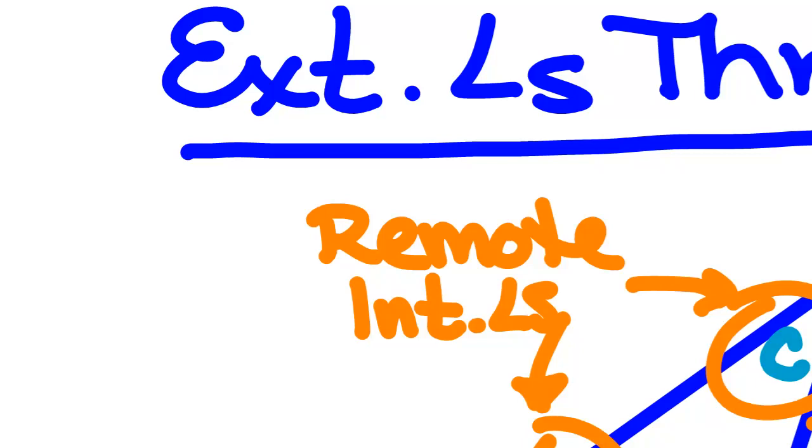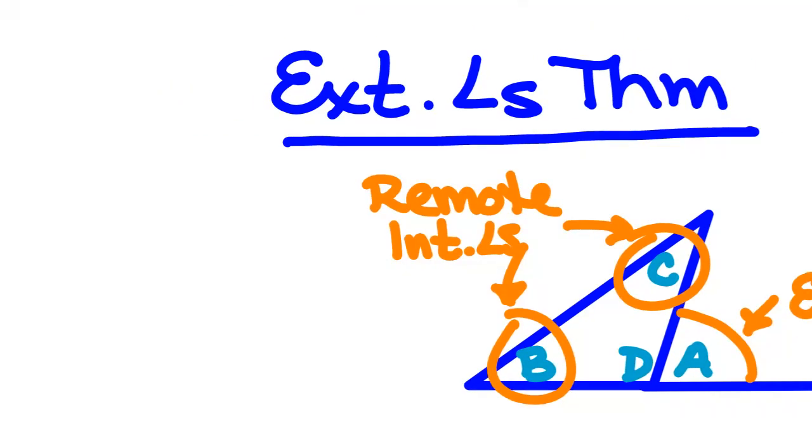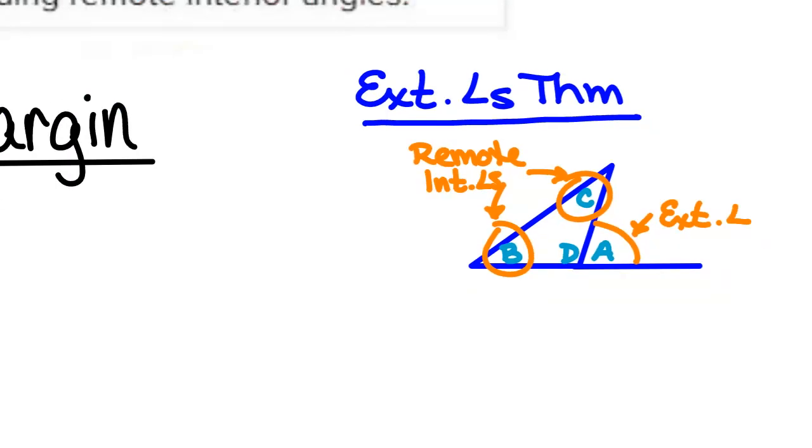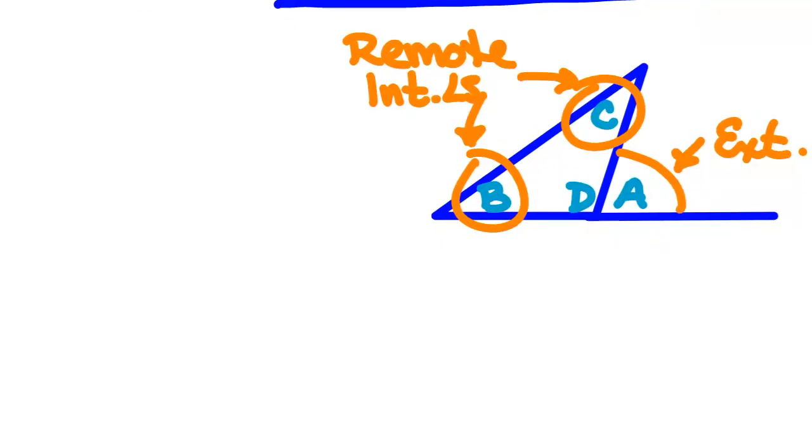Does anybody remember what the relationship is between the exterior angle and the two remote interior angles? Yeah, the sum of the two remote interior angles is equal to the measurement of the exterior angle.